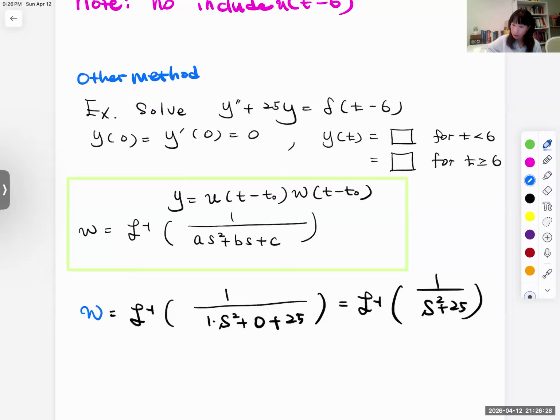So we know that sine omega t, so omega equals 5. So 1 over omega is 1 over 5. That will be 1 over 5 sine omega t, where omega equals 5.